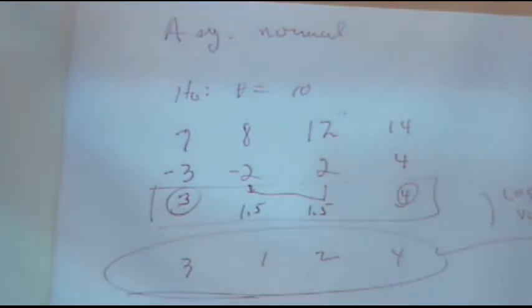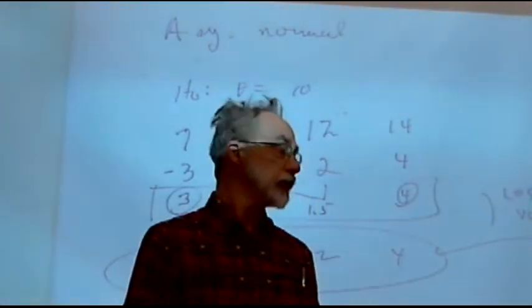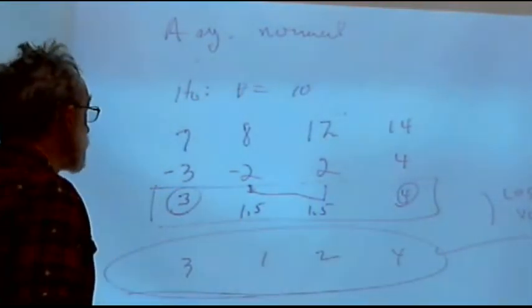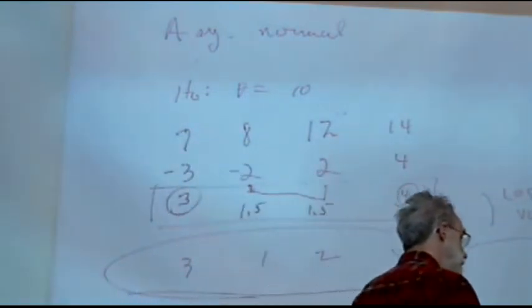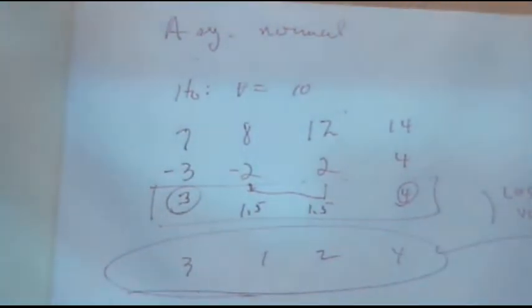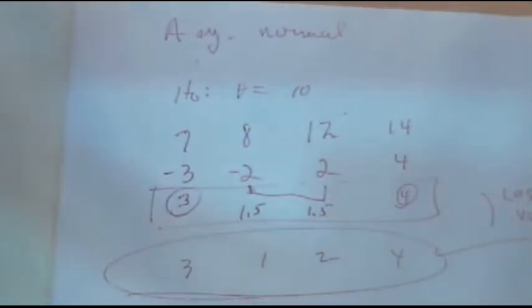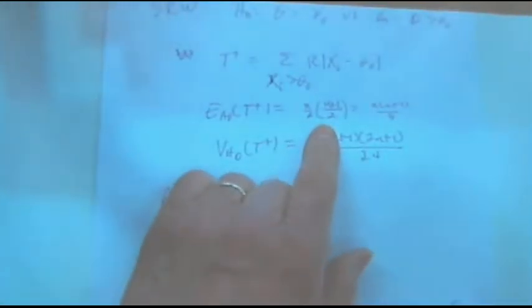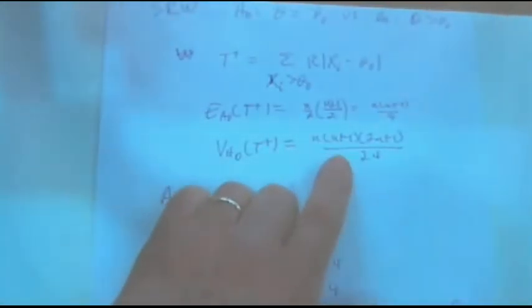I don't think I have it in my notes, but there's a formula for ties where you adjust the variance. What happens if you have ties? The null mean is still okay, but you have to adjust the variance.